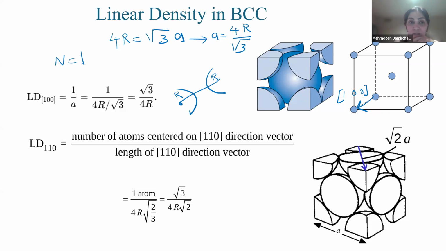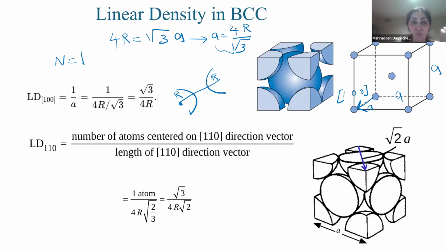So N is 1. What is the length of this line or this direction? According to the dimensions of the cell, it is A. In the X direction, Y direction, and Z direction, all of them are A. So linear density should be 1 per A. But if we want to substitute A as a function of R, because definitely we have the radius of the atoms, for BCC we know that A is 4R per root 3.